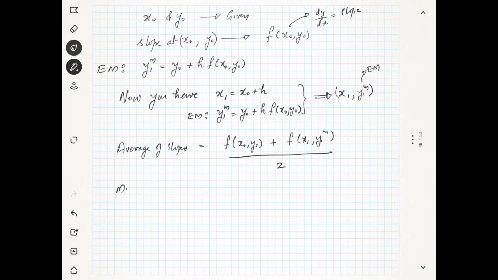Now the modified Euler's method will use the average slope.